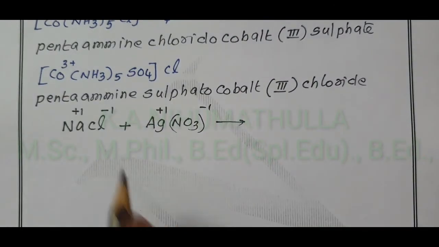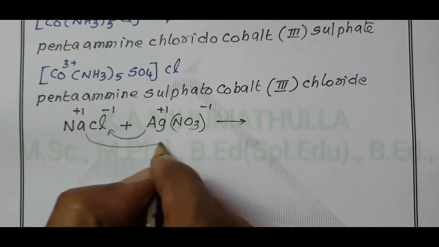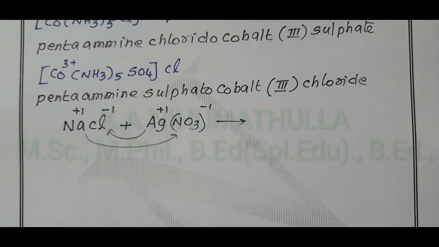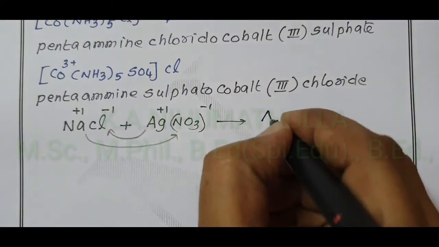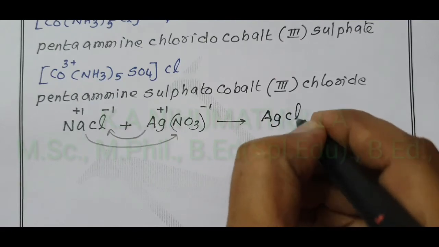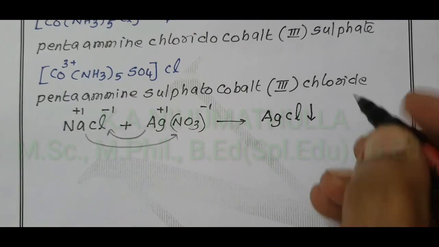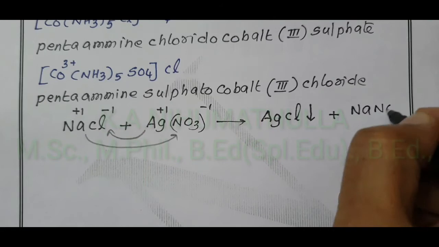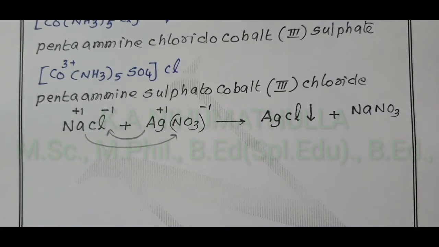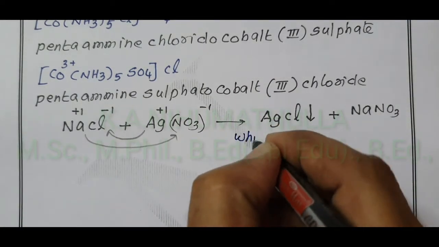A plus is always combined with a minus: Ag plus combines with Cl minus and Na plus combines with NO3 minus. AgCl is formed as a precipitate. You know what is meant by precipitate? It is insoluble in the given solvent, plus sodium nitrate, NaNO3. What is the color of AgCl? Actually, it is a curdy white precipitate, or simply a white precipitate.